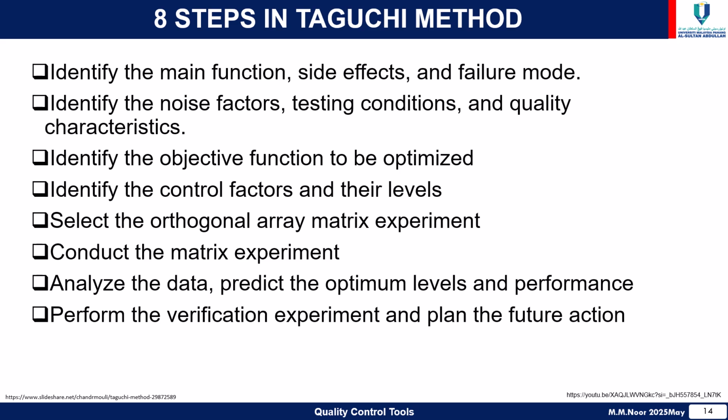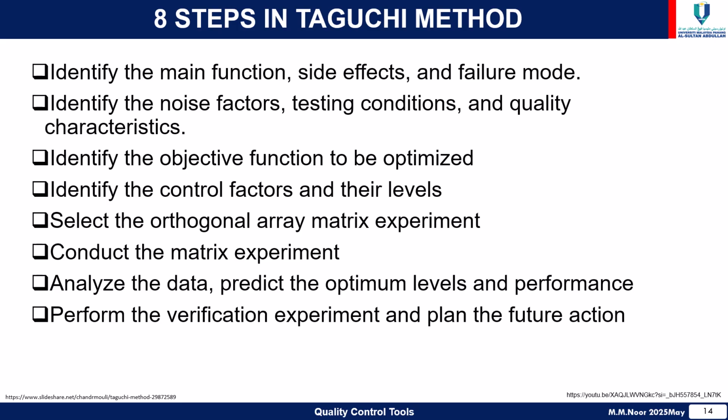And next, we go to the 8 steps in the Taguchi method. The first one is identify the main function, side effect, and failure mode. The second one, identify the noise factor, testing condition, and quality characteristic. The third one is identify the objective function to be optimized.